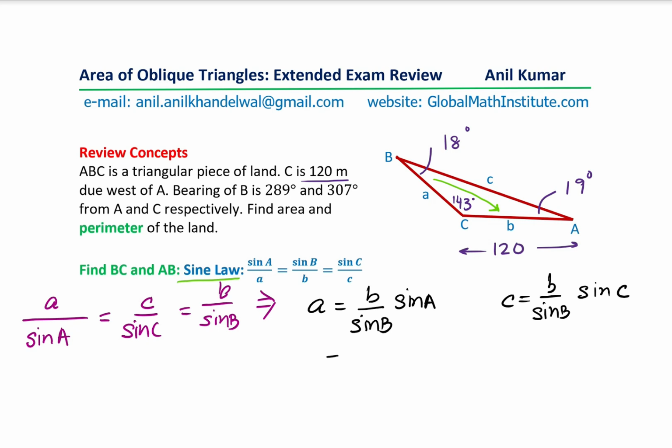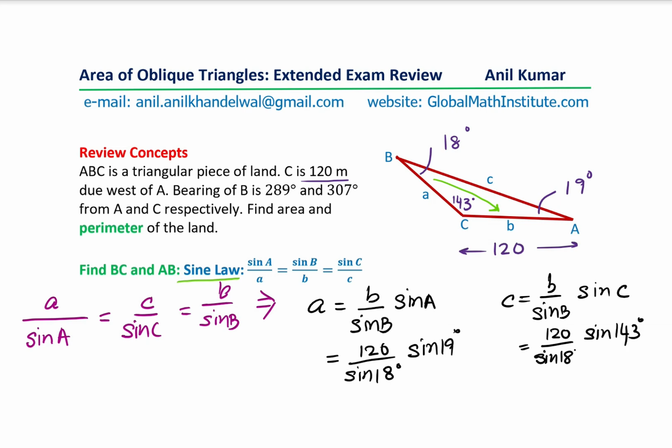So let's substitute the values. A is 120 over sine of 18 degrees times sine of 19 degrees. On the other side, C is 120 over sine of 18 degrees times sine of 143 degrees, correct?